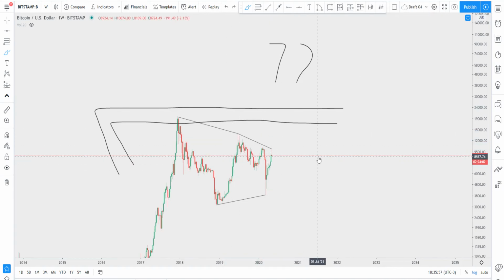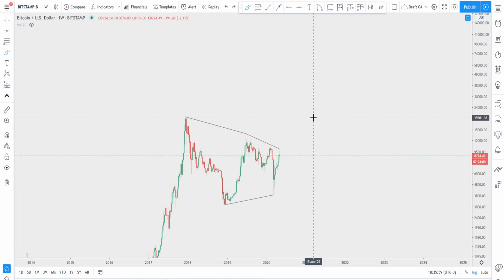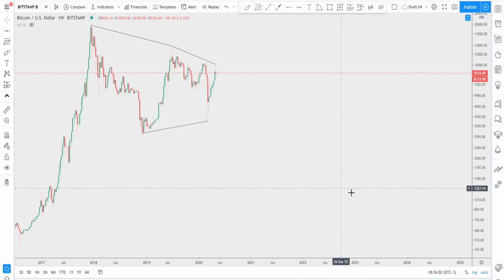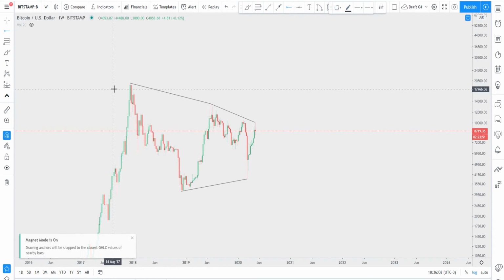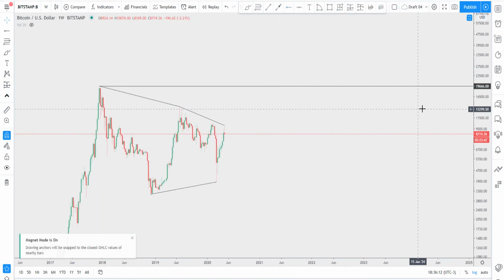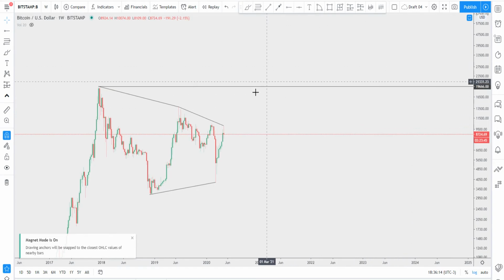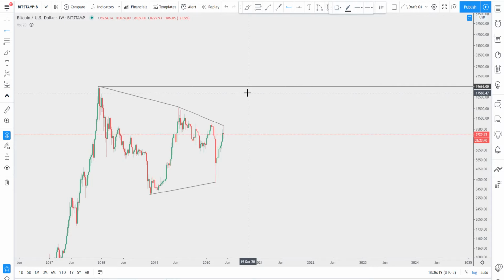Most people, the support and resistance traders, will be waiting at this level here. So 19,666, and the main resistance will be around this level.